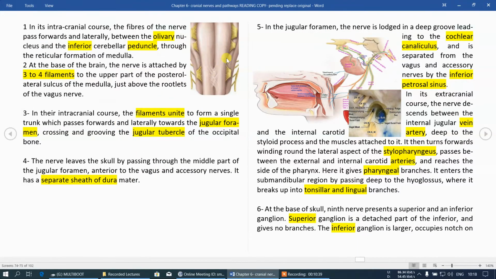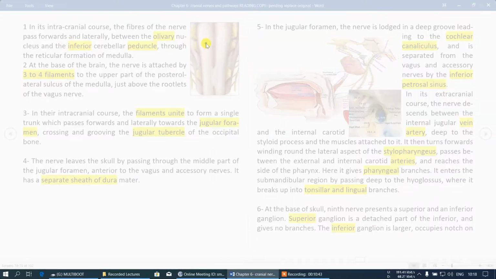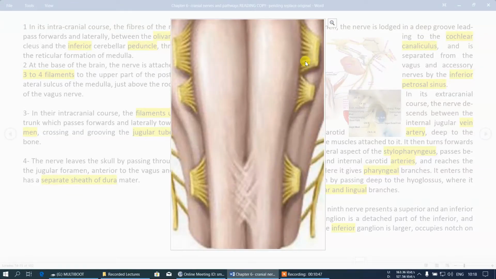If you see the course and relations, starting from the brainstem, this diagram represents the anterior view of the lower part of the medulla. This represents the pyramid, and this represents the olive. Here we have the median sulcus, here the anterolateral sulcus, and somewhere here the posterolateral sulcus.